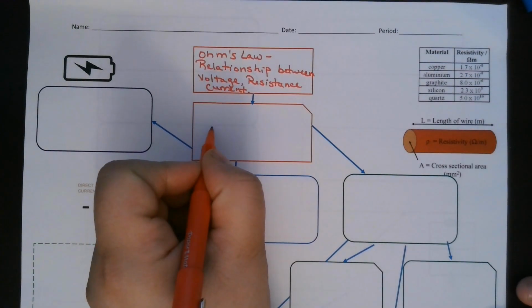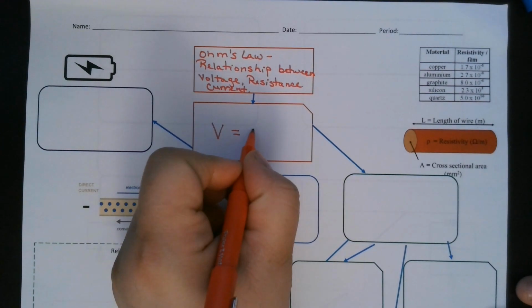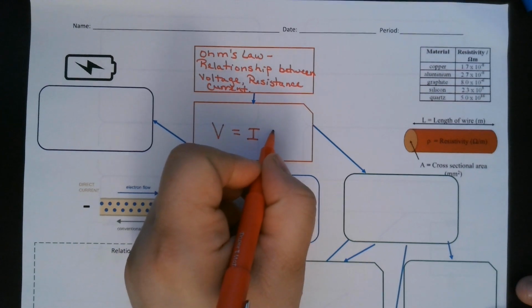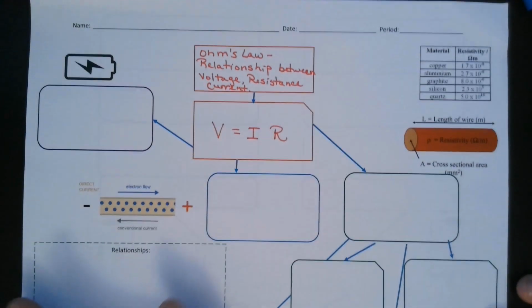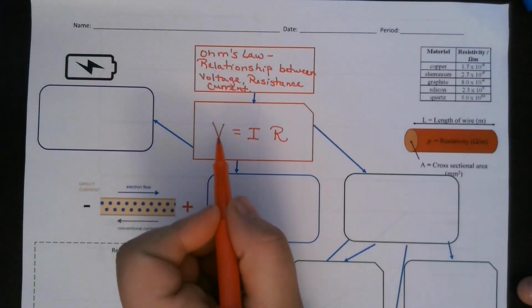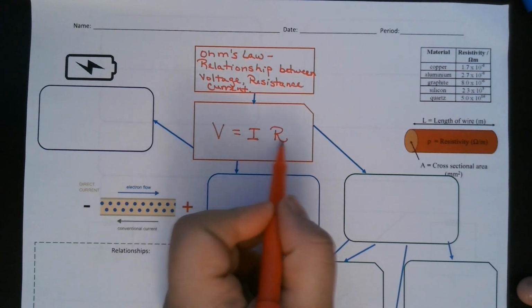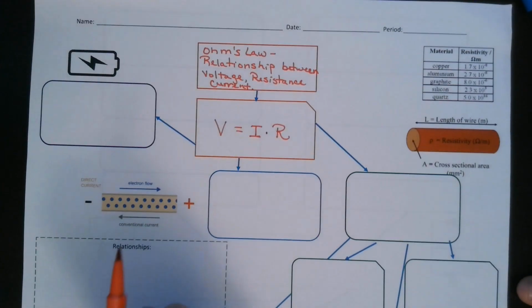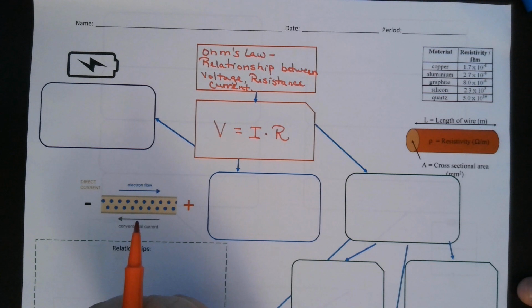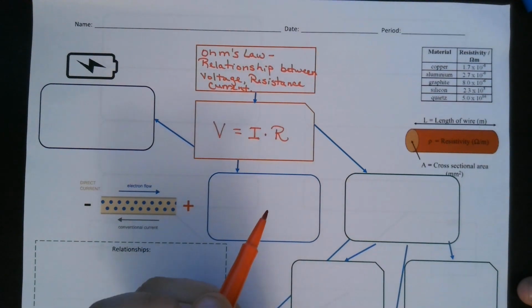The equation is simply V equals IR. And if you look at my window, you actually see this equation. Remember that if two variables are right next to each other, that means they're simply multiplied. Okay, so V equals IR.